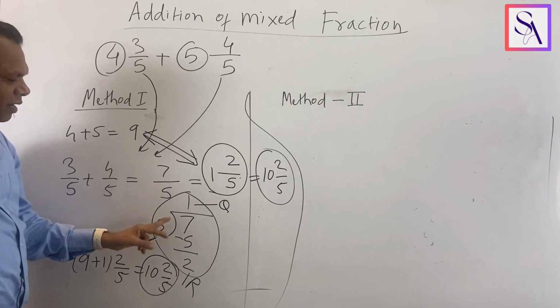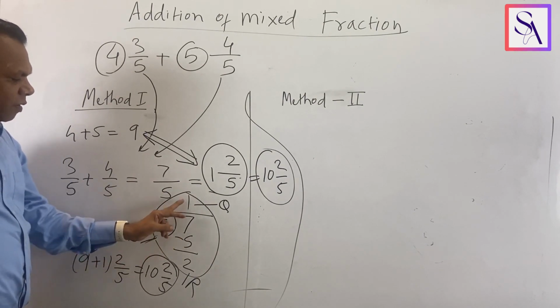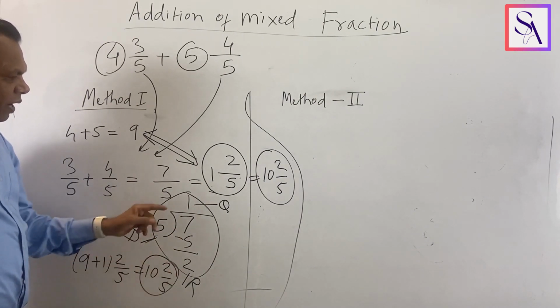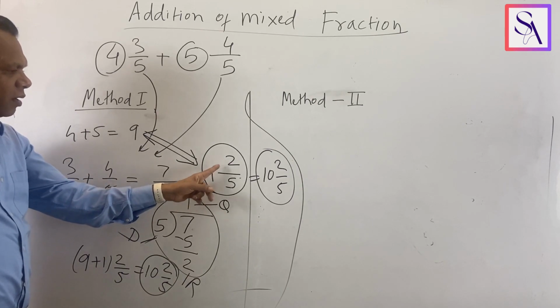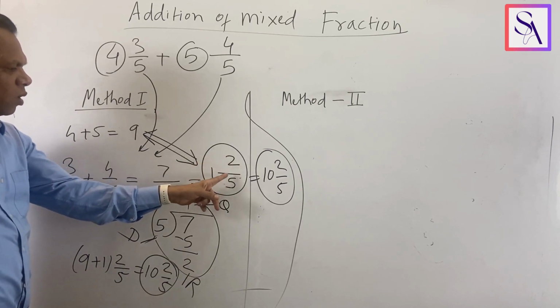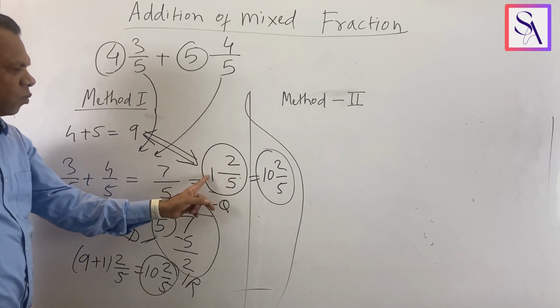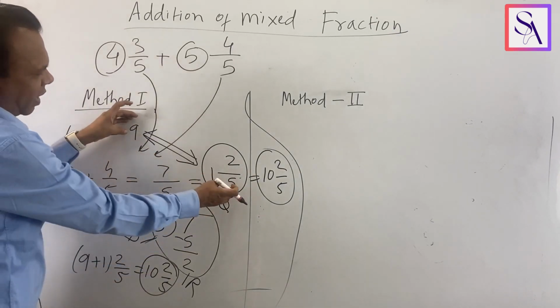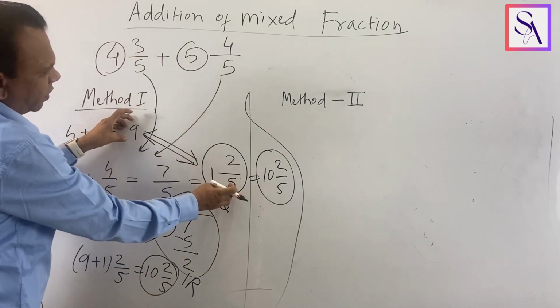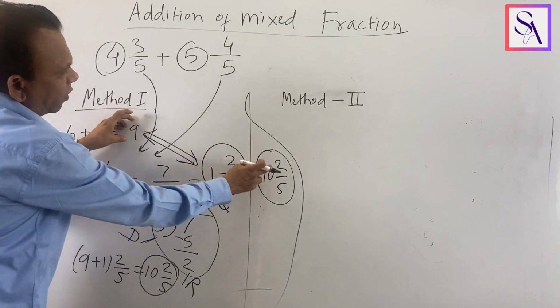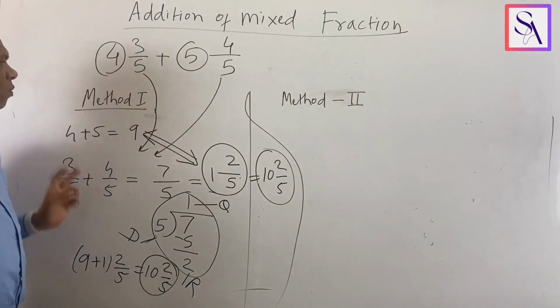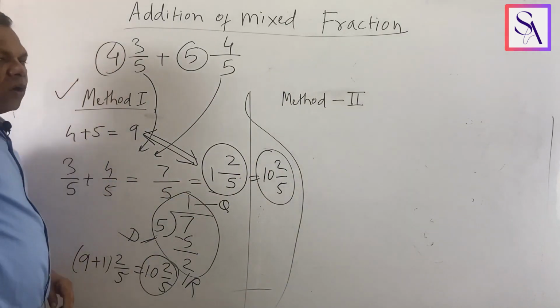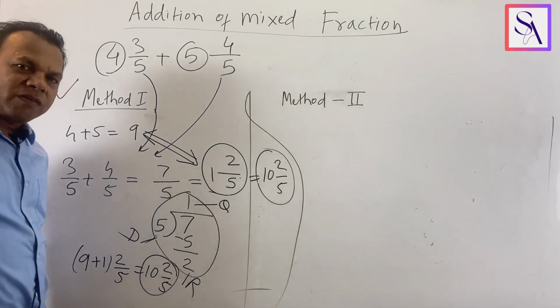Do the division, 5 ones are 5, 2. So queen riding upon donkey, queen is 1, remainder is 2, divisor is 5. So 1 2 by 5, and then I combine this 9 and 1 2 by 5. 9 plus 1, 10, 10 2 by 5. This is how by the first method you solve addition of mixed fractions.